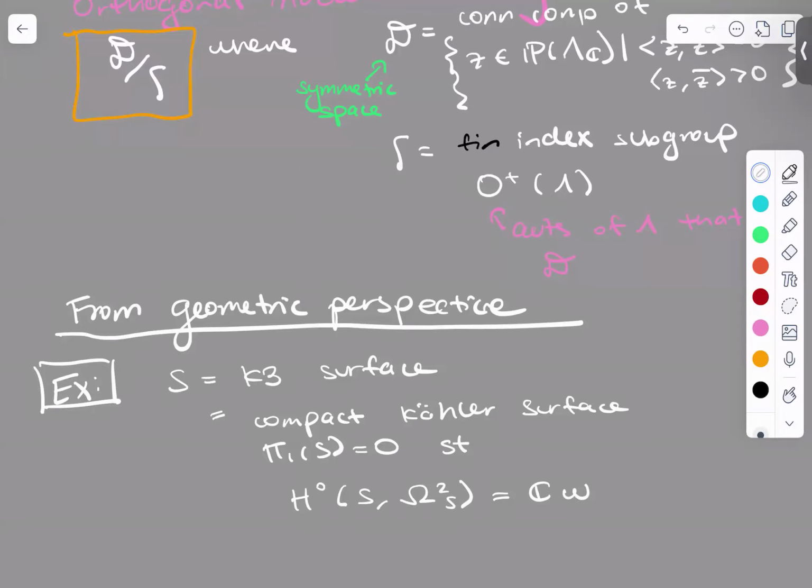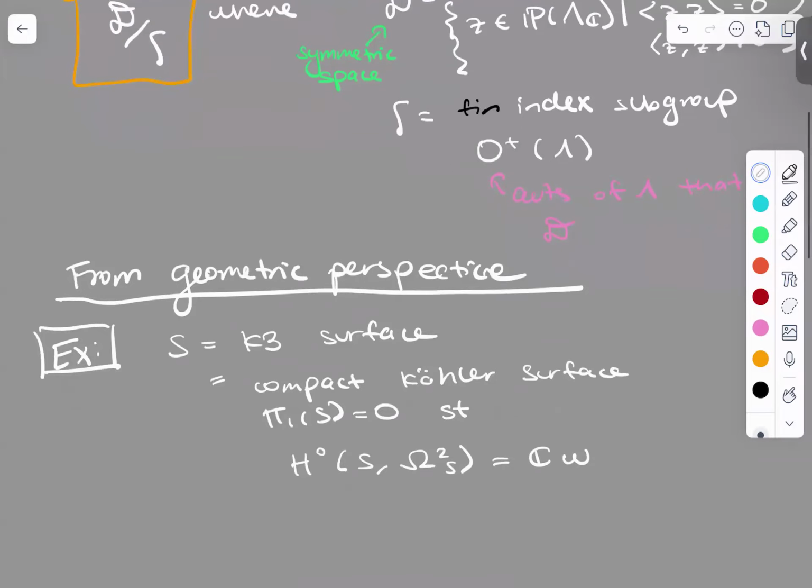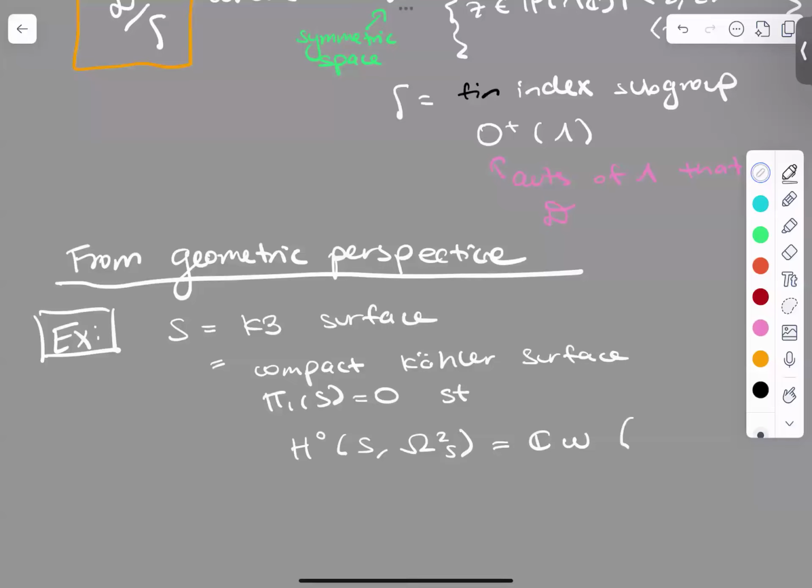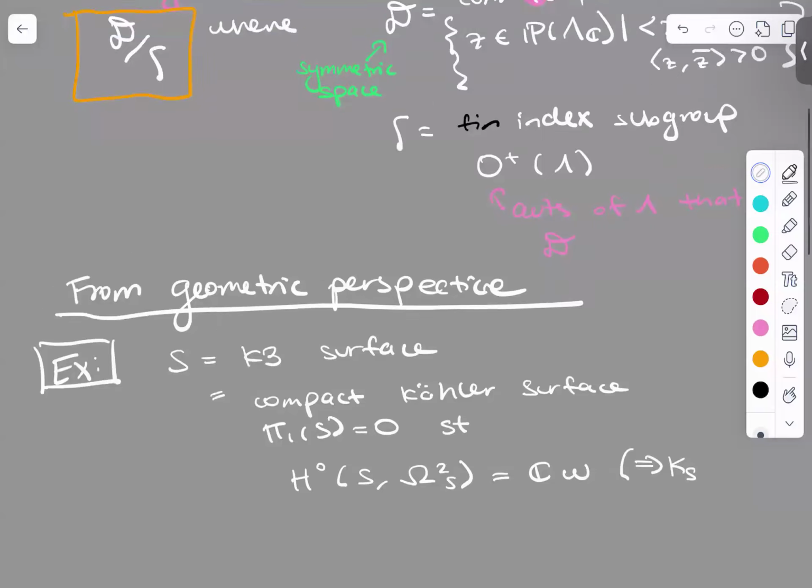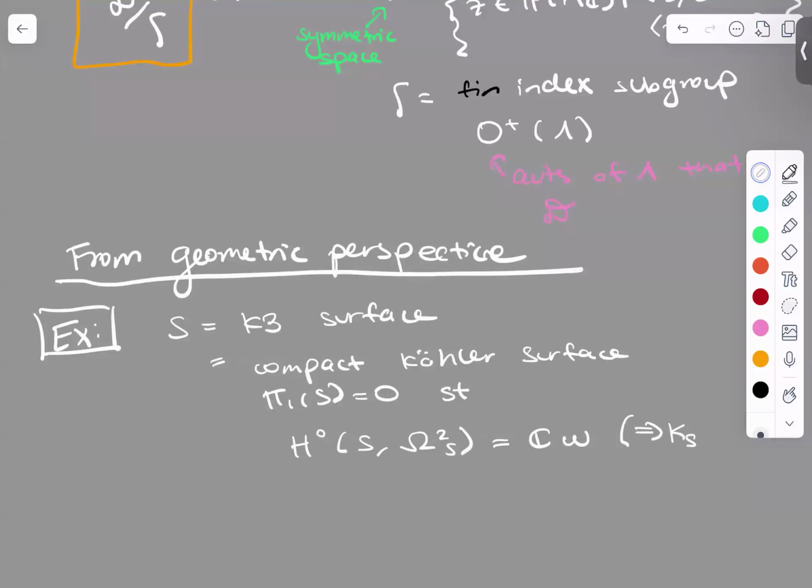And so in particular, this implies that if I look at the canonical sheaf on my K3 surfaces, you can think of this as like the volume form, the sheaf of two forms really on the K3 surfaces.